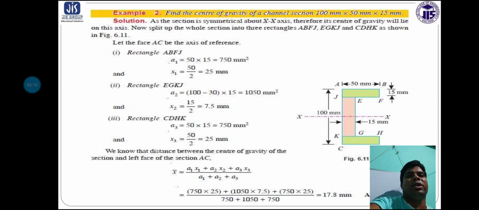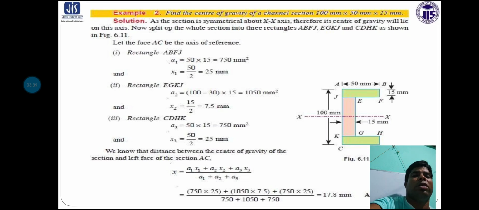Take the face AB as the axis of reference. So the left hand side line is the reference line of this figure. For rectangle ABFJ, area A1 is 50 into 15, that means 750 millimeter square.